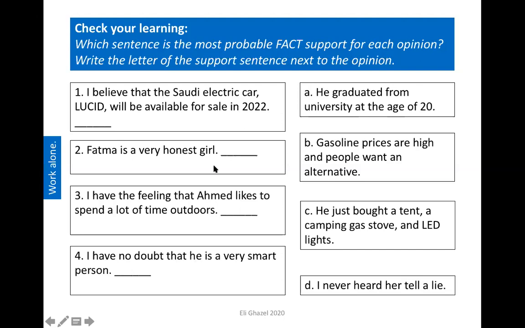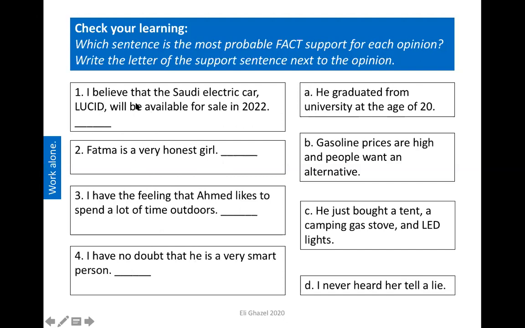Also, look at what I have done here. I have brought in, and this is what many teachers should start to do, Lucid is really a Saudi car. It is being developed by Saudi investment. It is an electric car. It's called Lucid. It looks beautiful, but the person speaking is giving an opinion.